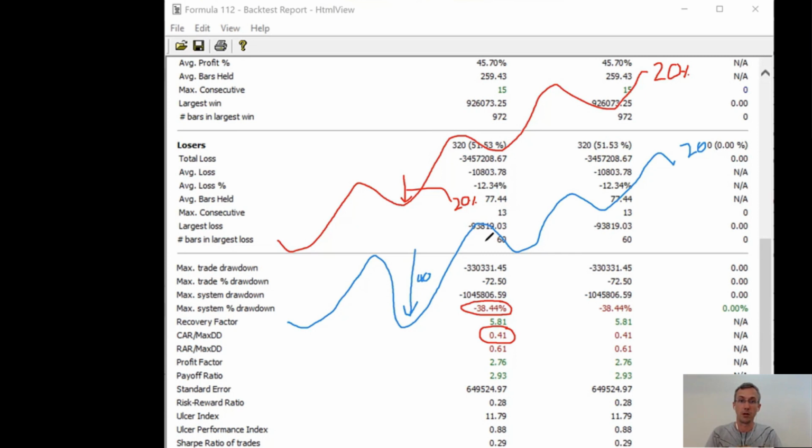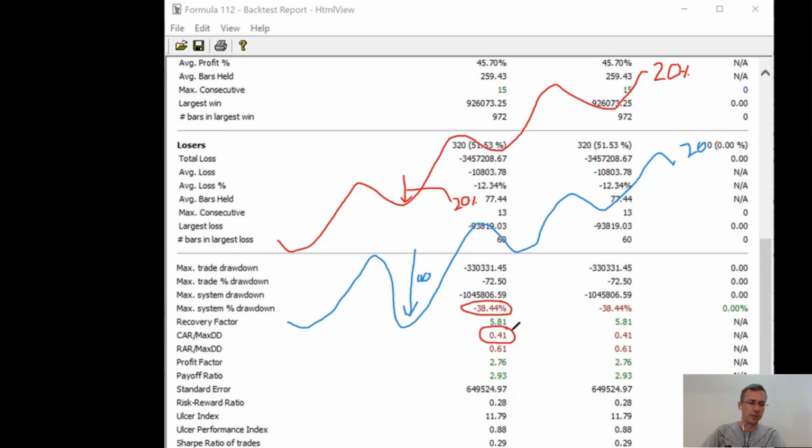And if the drawdown is too high, it won't be, and you need to modify it before you can trade it. So CAR over max drawdown, compound annual return divided by max drawdown, is quite useful, because basically the objective of your optimization and your system testing and everything is to push that up, to make it better.